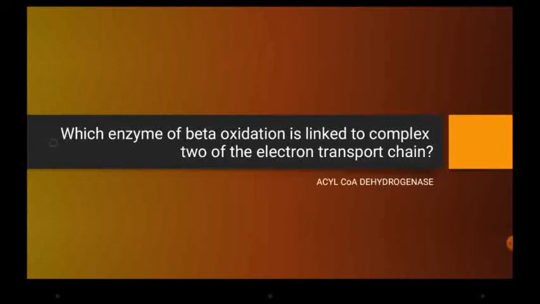Well, the answer is acetyl coenzyme A dehydrogenase, because this enzyme requires FAD, which is the flavin adenine dinucleotide, and results in the production or release of FADH2. And this FADH2 is the one which enters through complex number 2 of the electron transport chain.